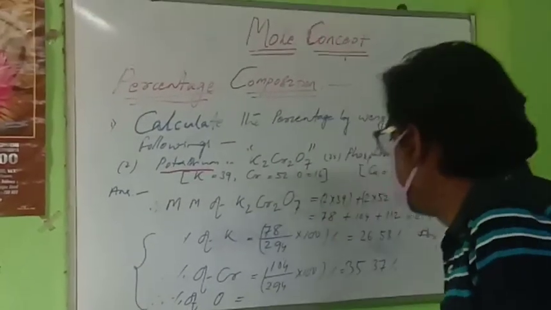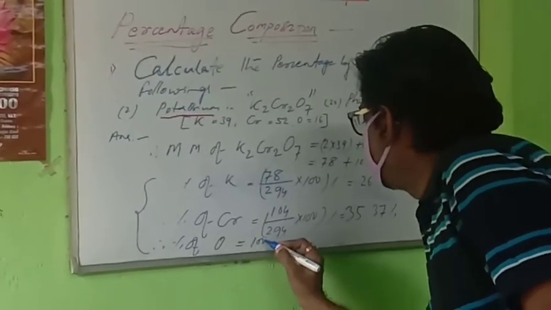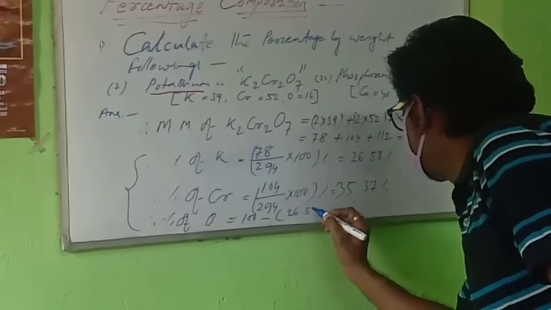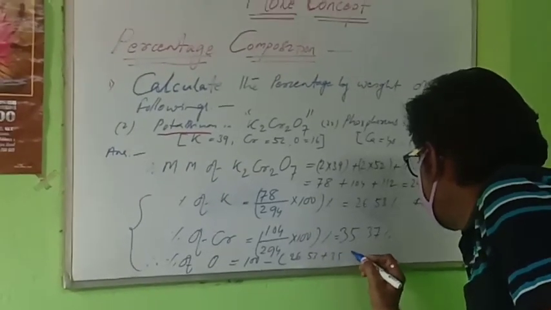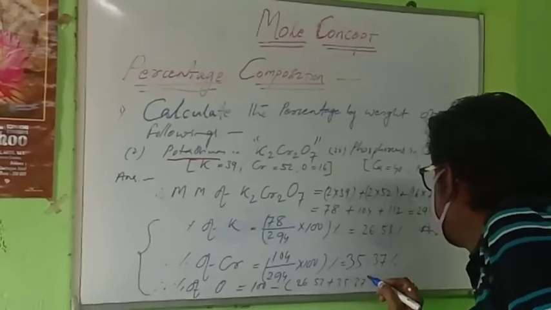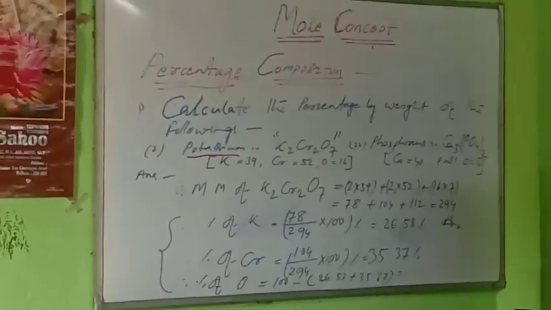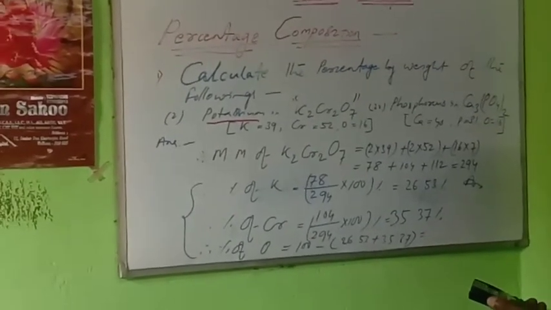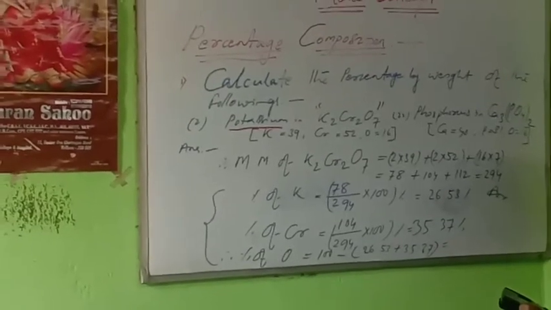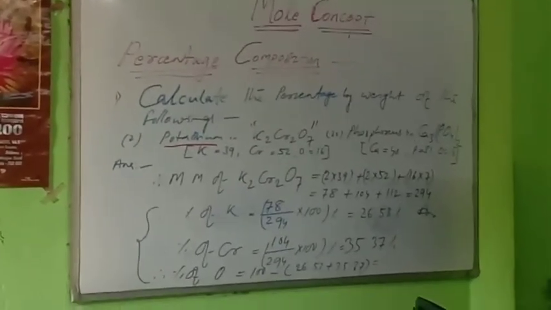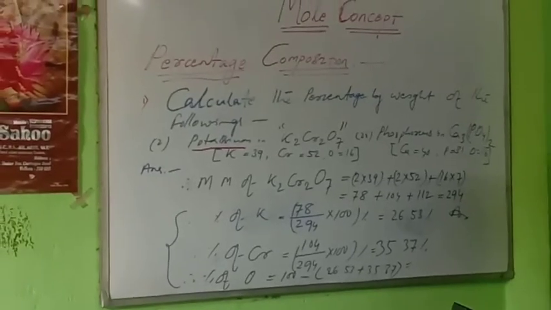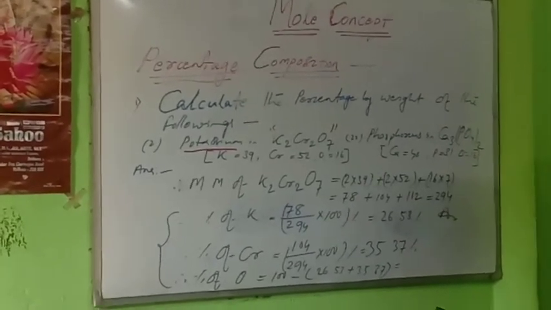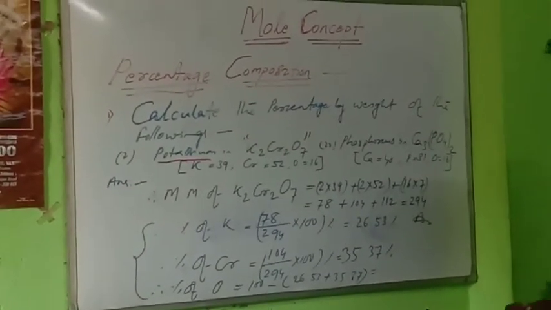Because three elements are there and the total percentage is 100, add the first two, 26.53 plus 35.37, then subtract from 100.